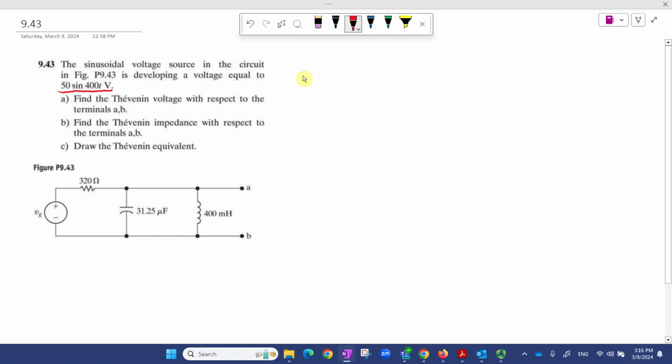So just a quick review. You should learn this in year 1. If we have this VTH and this impedance ZTH, then this is the Thevenin equivalent circuit.